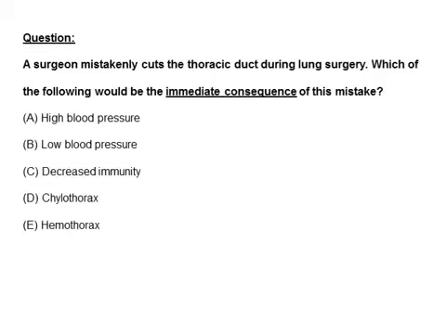What will happen immediately if this mistake is done? High blood pressure, low blood pressure, decreased immunity, chylothorax, or hemothorax? The correct answer for this question is chylothorax. Chylothorax means that there is lymph or chyle in the thoracic cavity due to cutting of the thoracic duct.